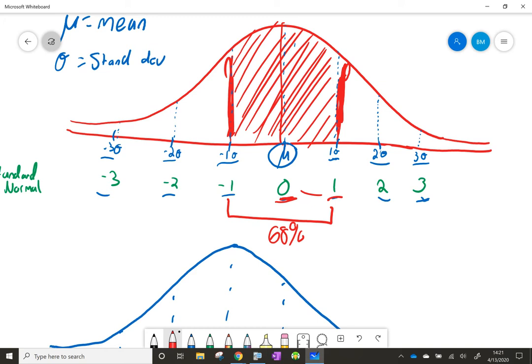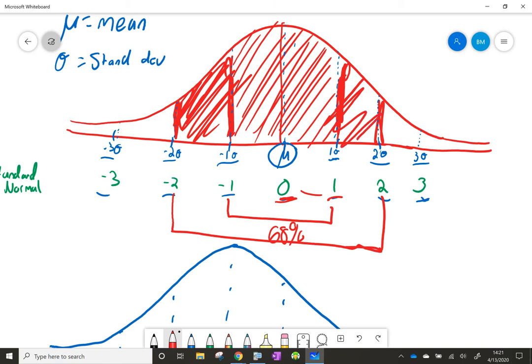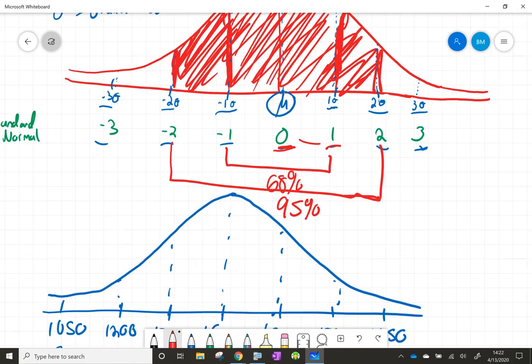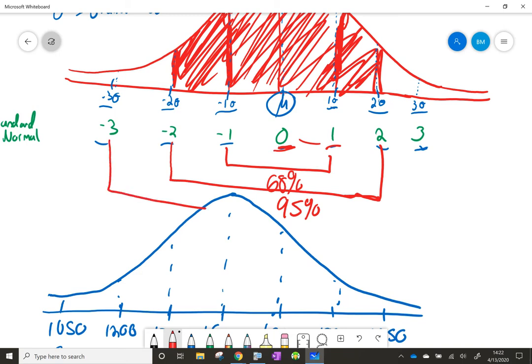But it's always 68% within one standard deviation, either to the left or to the right. Now, if you want to go out 2 standard deviations, so from here to here, and you're talking about that entire range, all in the middle, that now goes all the way up to 95%. So 95% of all the data is within 2 standard deviations. And if you want to go up even higher, all the way to 3 standard deviations, I want to double check, but I think it's something close to 99.